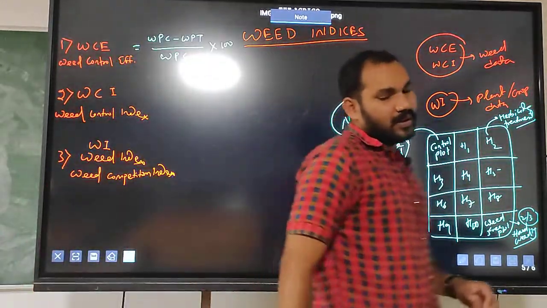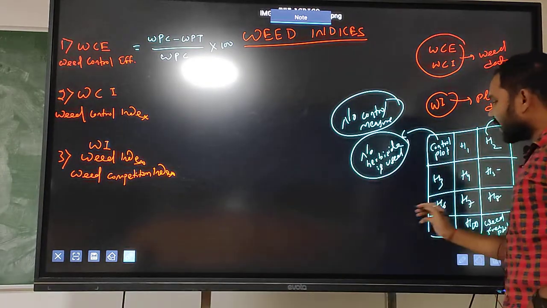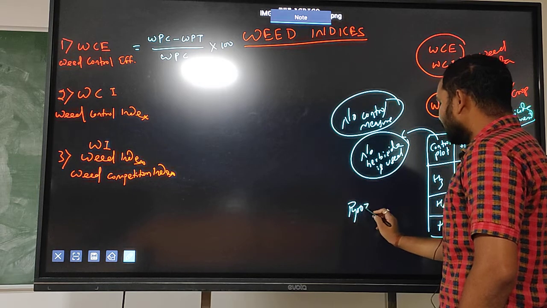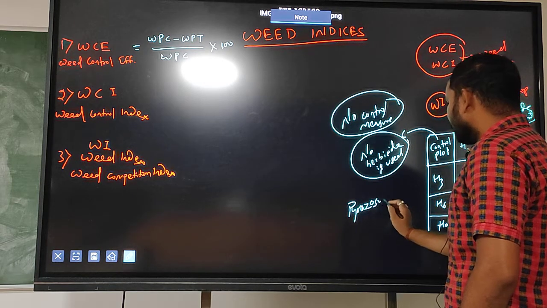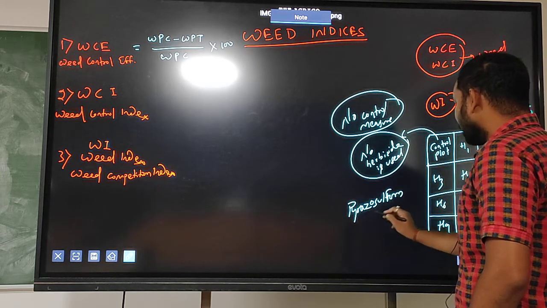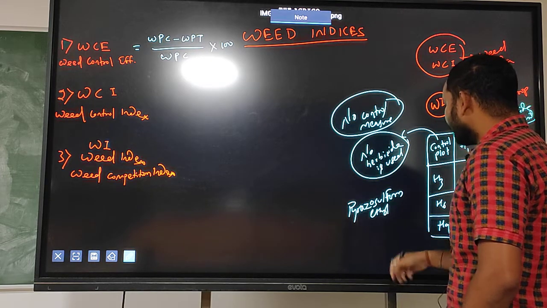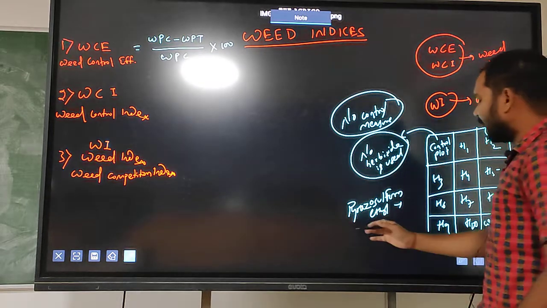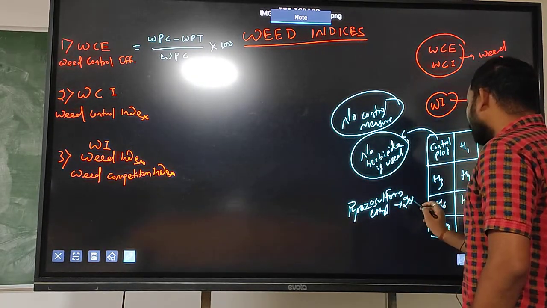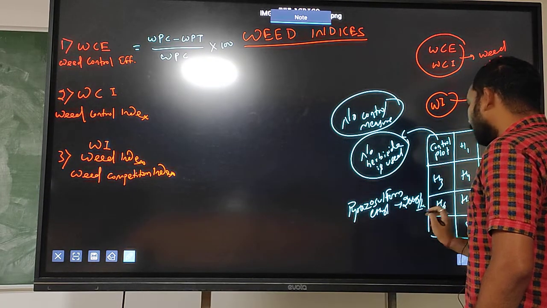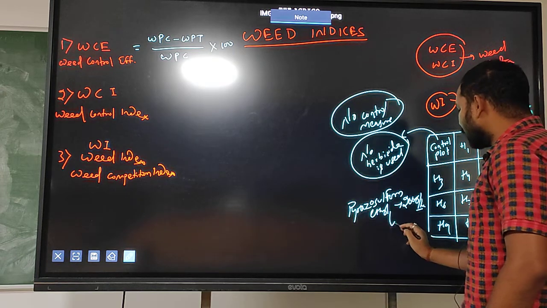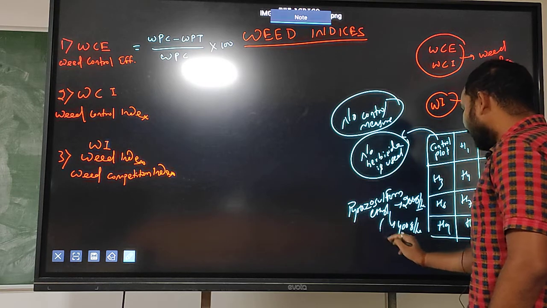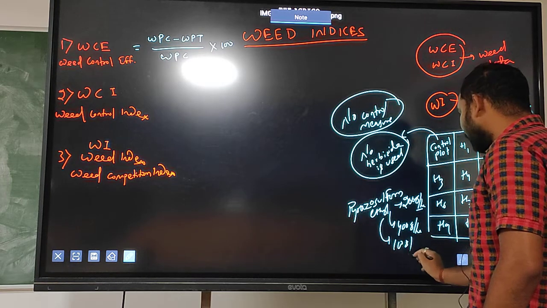This herbicide treatment may be either different doses. Let us say this is pyrazosulfuron ethyl. I will take different doses. Pyrazosulfuron ethyl, I can take 200 gram per hectare, or another dose 400 gram per hectare, or 100 gram per hectare.